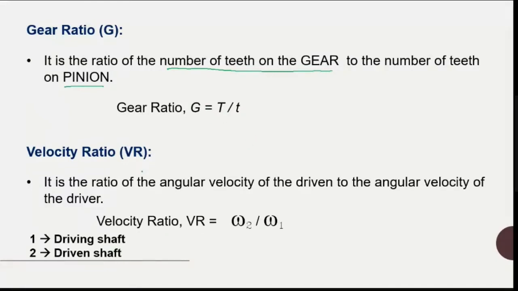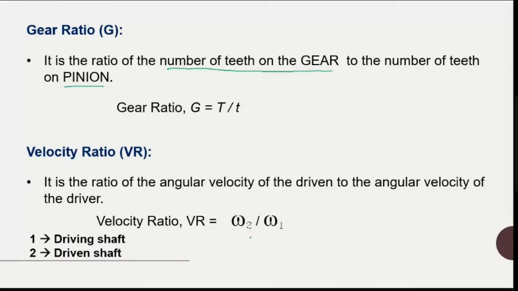So the next one is velocity ratio. Velocity ratio is the angular velocity of the driven shaft to the driving shaft, which is output by input. It is similar to efficiency, which you usually call output by input. Here also, velocity ratio is output speed divided by input speed.